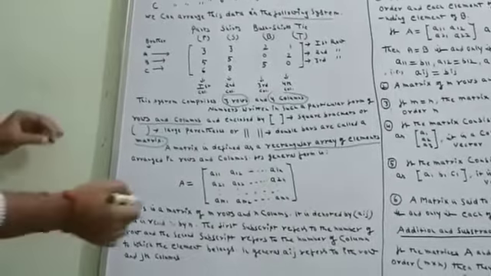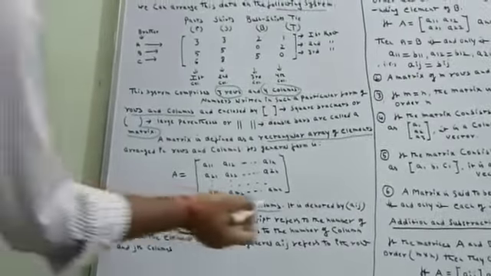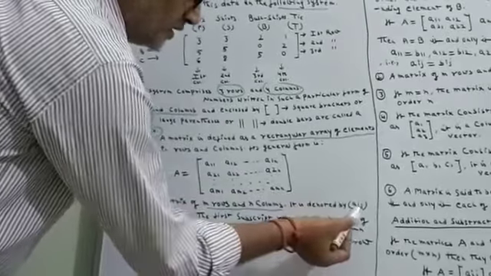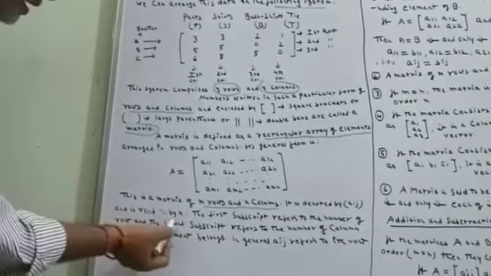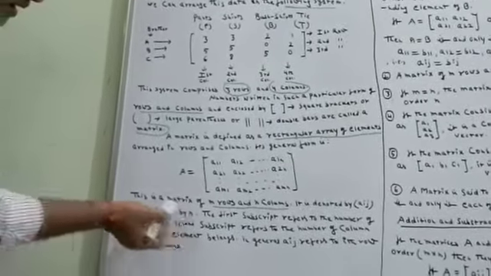This is a matrix of m rows and n columns. It is denoted by Aij and is read as M by N.